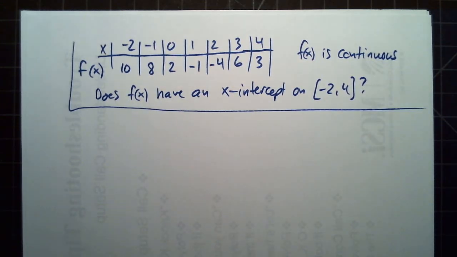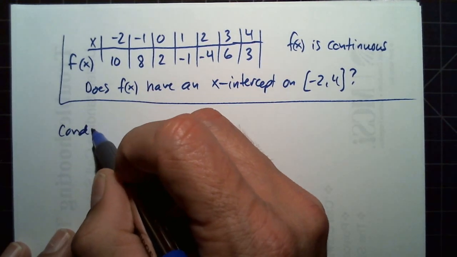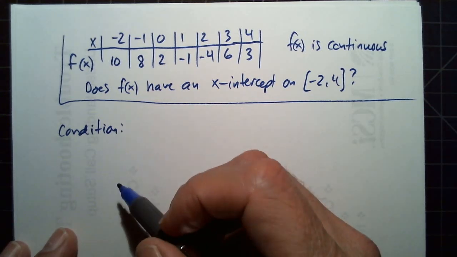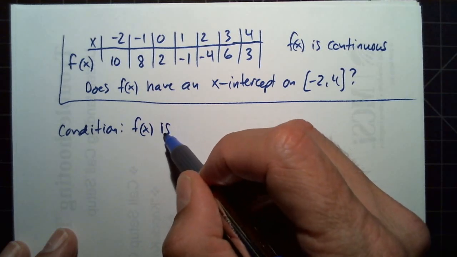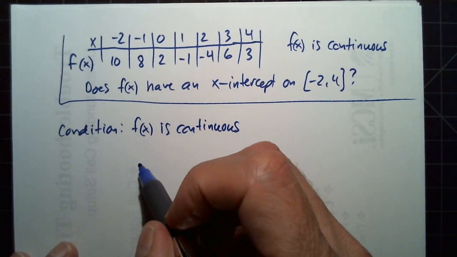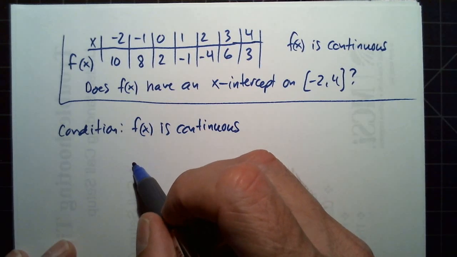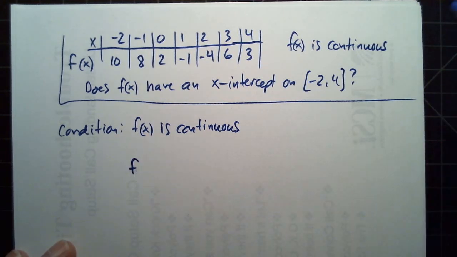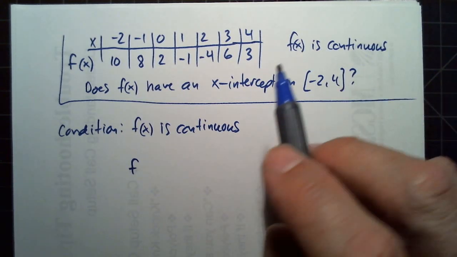Does f of x have an x-intercept, or does it have a y value of 0? And so we'll look to use the intermediate value theorem. It only has one condition, that f of x is continuous. So that's given. It's continuous. Then we look at the table and look for a sign change in the y value.